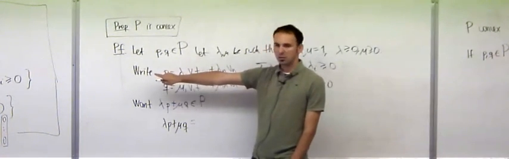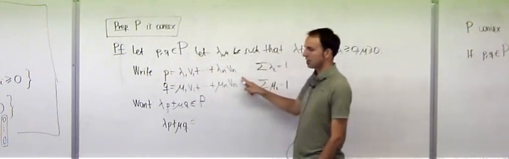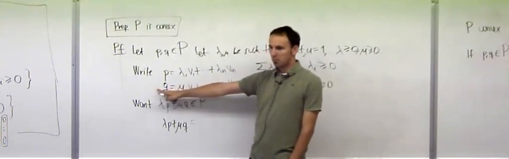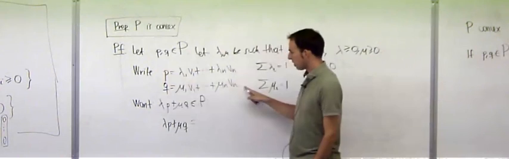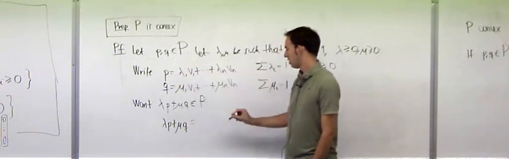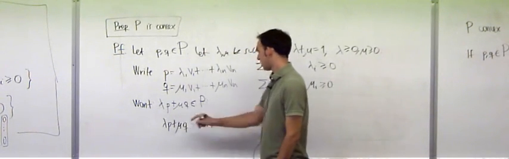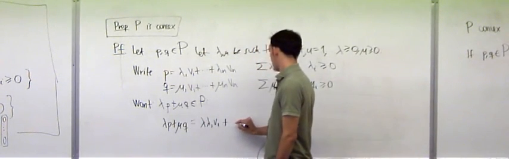Well, I multiply the top one by lambda, right? And so I'm going to distribute lambda to all of these guys. And multiply the bottom one by mu. So I'm going to distribute mu on all these guys. And so what I'm going to get is lambda 1. Well, maybe I'll first write lambda P is this.